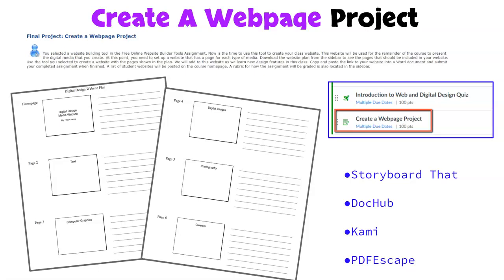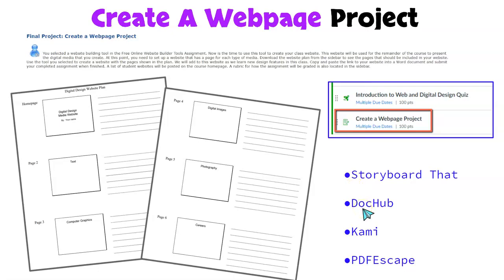If you don't want to use the handout that's in the content, because it is a PDF, you can use a website called Storyboard That in order to create your storyboards. If you want a more digital form of a storyboard, then you can definitely use this website. If you are using the handout given to you in the content, it's a PDF document, which is going to require you to use a website or tool such as DocHub.